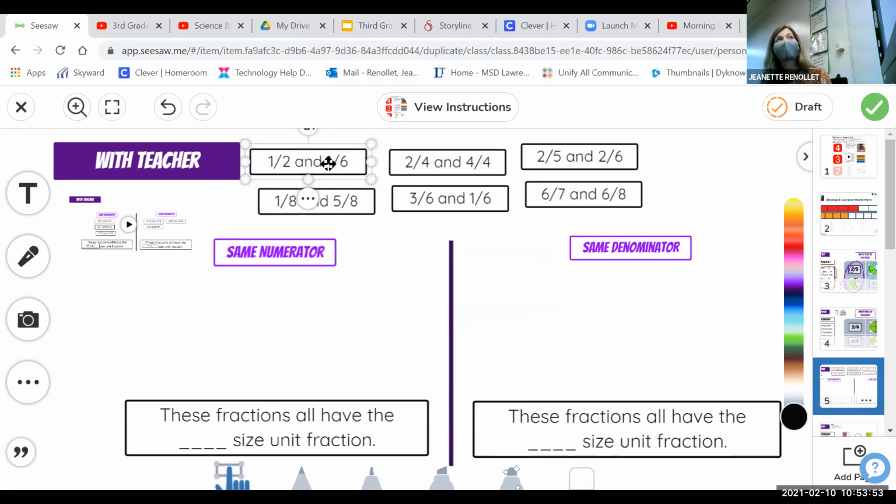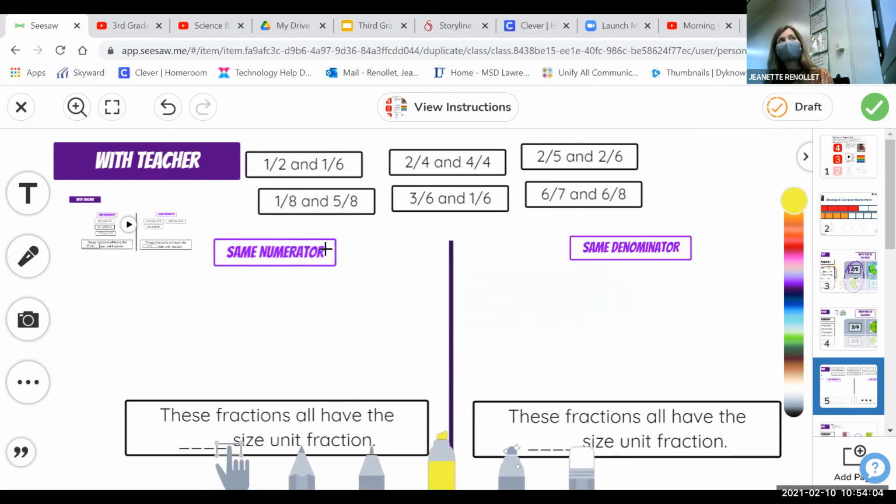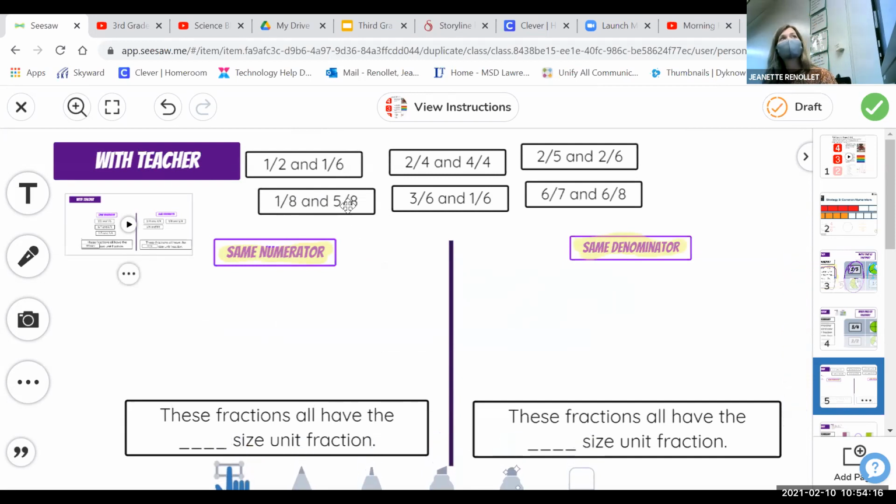These pairs of fractions are going to be moved into one of 2 categories. We're going to sort them. On the left side, it says they have the same numerator. On the right side, it says they have the same denominator. We are going to begin by sorting these into the correct column.